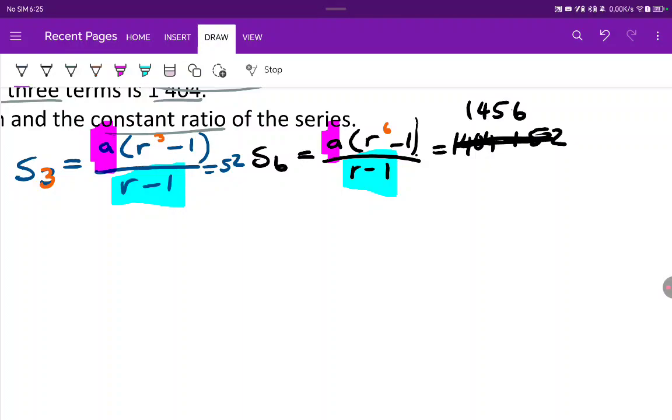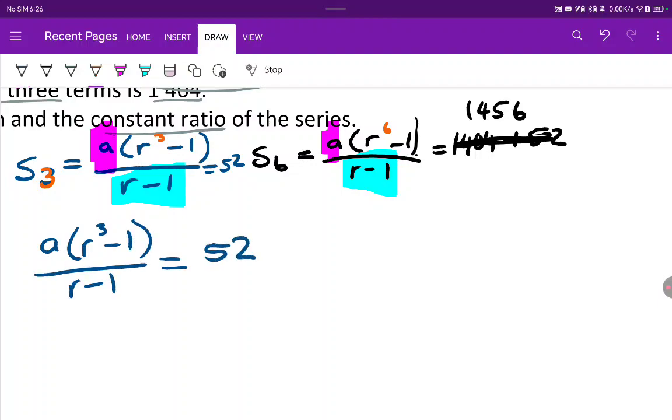The move that we're doing is to divide the whole equation by the bracket. A(R^3 minus 1) divided by R minus 1 equals 52, and then I divide by the bracket.